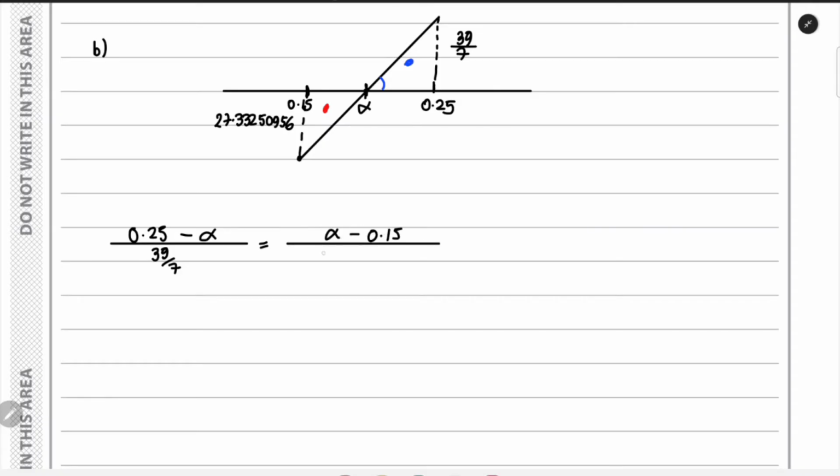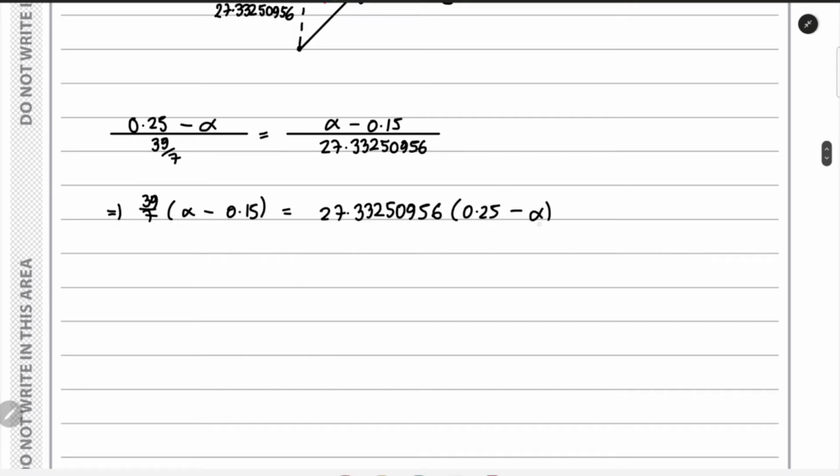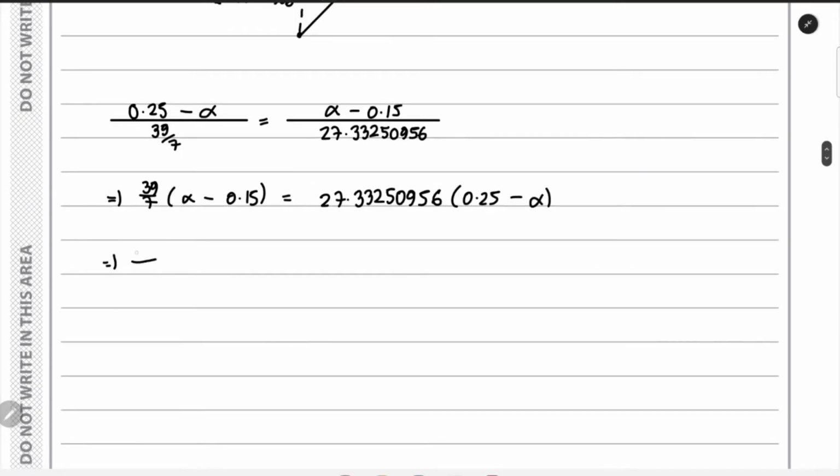the height is 27.33250956. I'll cross multiply. I'll have 39 by 7 times alpha minus 0.15 equals 27.33250956 times 0.25 minus alpha. I'll have 39 by 7 alpha minus 39 by 7 into 0.15, or minus 117 by 140.